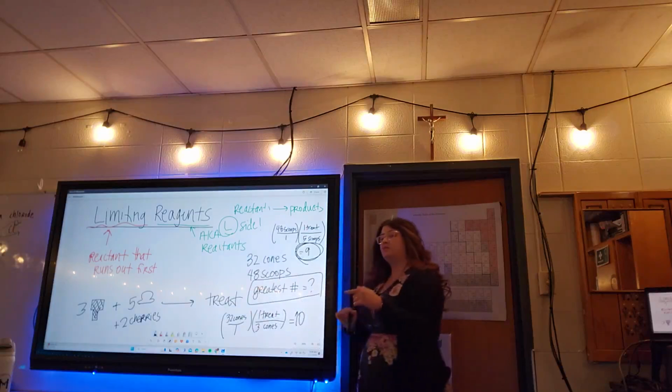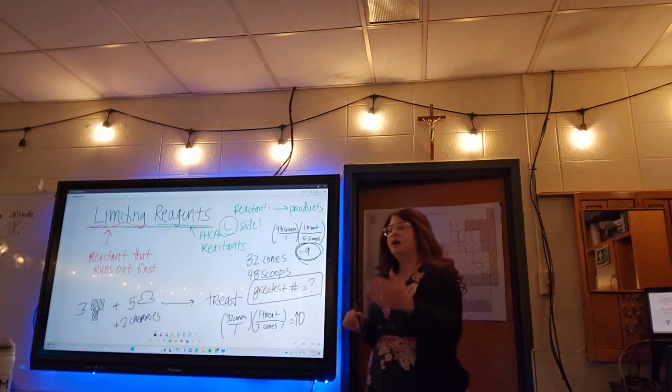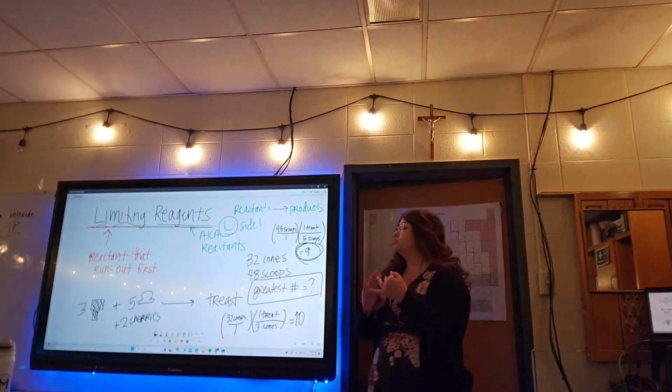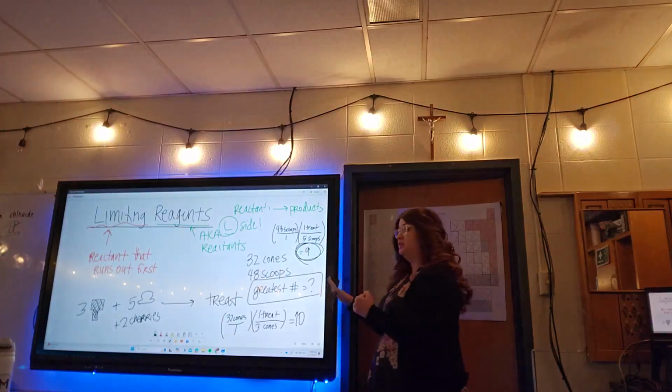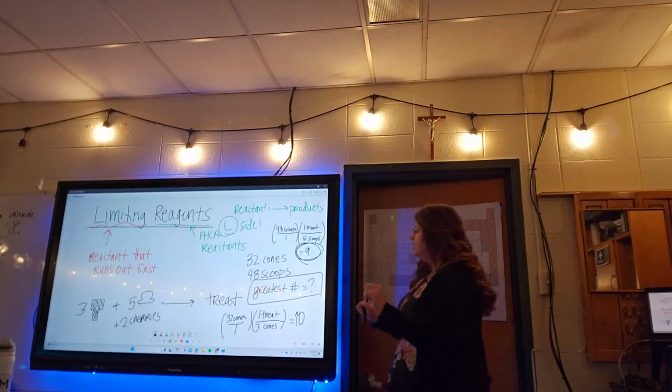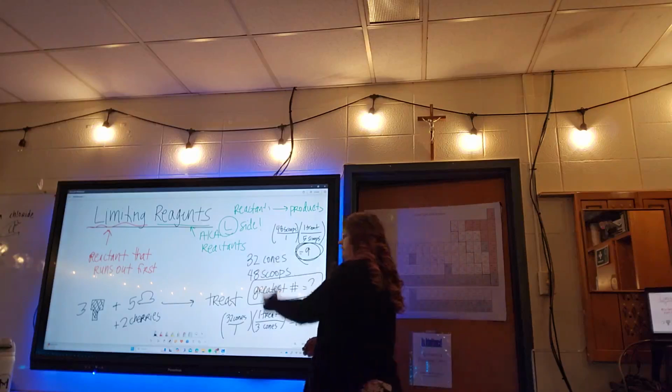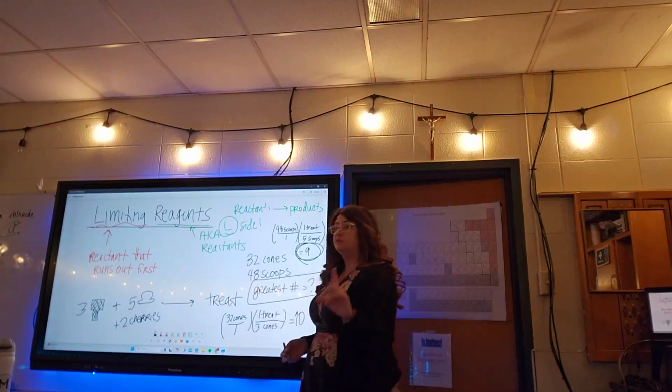So when you're asked a question like this on your homework, with real chemical equations, you'll choose the smallest number, and you will not add them together, because we didn't for the ice cream. Okay, so now which one of these two starting reactants, the scoops or the cones, is the limiting reagent?